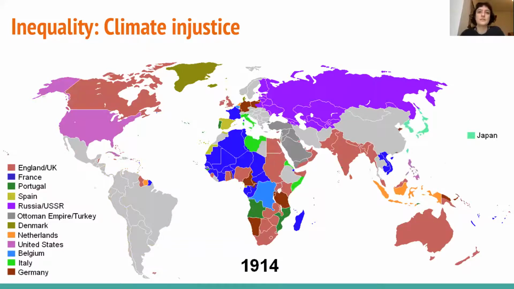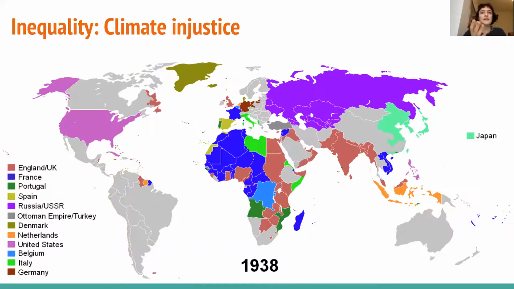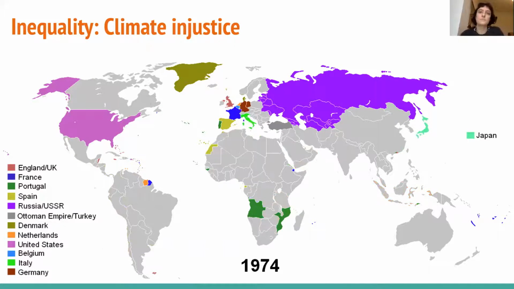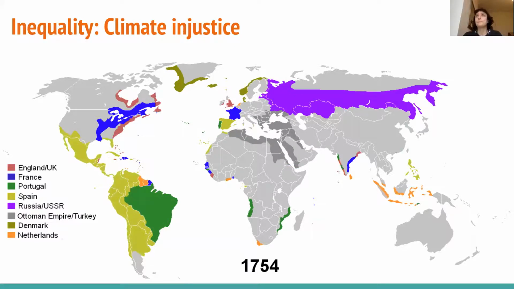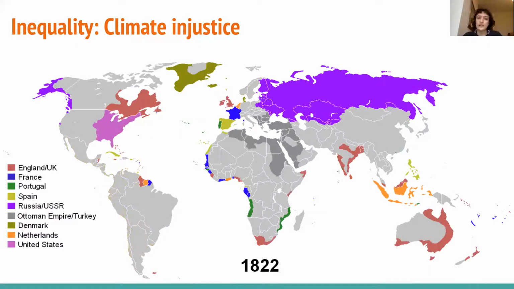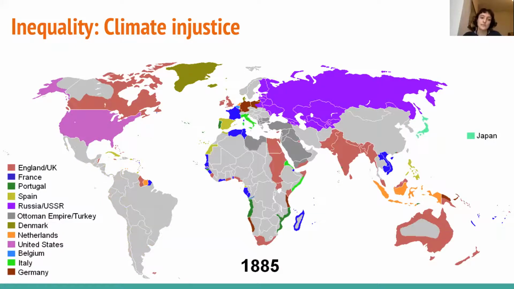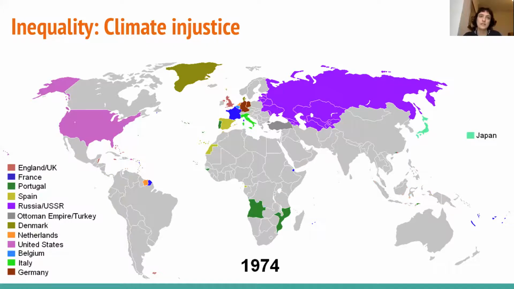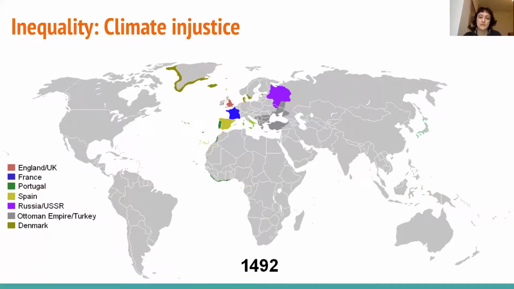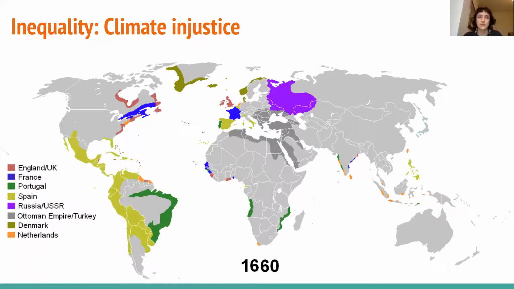Now, in the early 1900s, you see lots of the English and the French colonies around the world, and the legacy of colonialism is inequality, is exploitation of labor and resources, and that exploitation was used to enrich the colonial nations, and those nations remain wealthy at the expense of poorer countries because of colonialism.